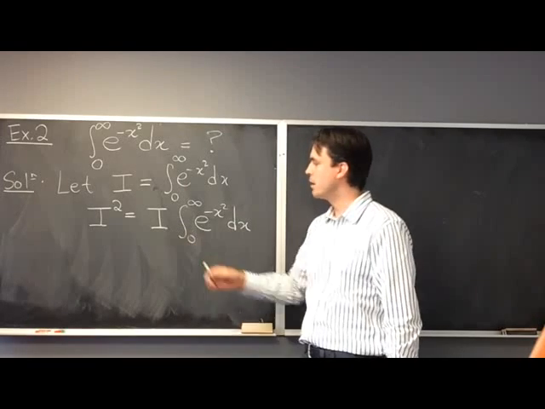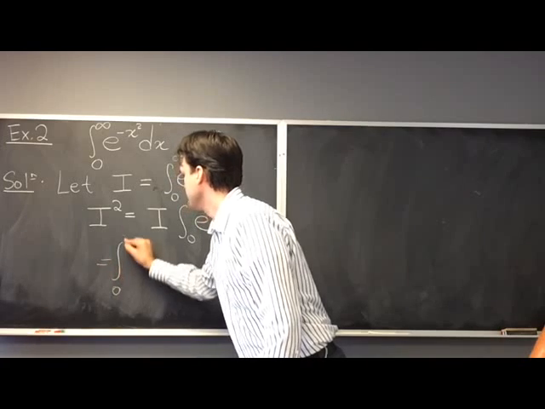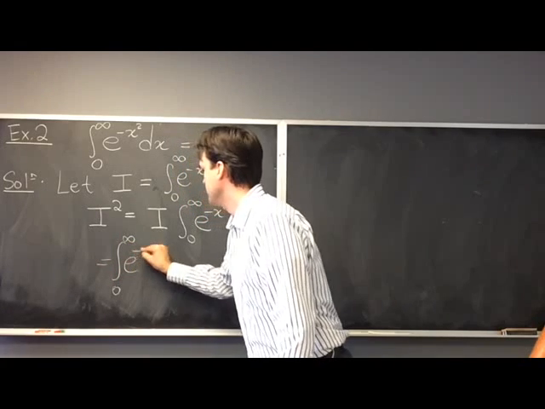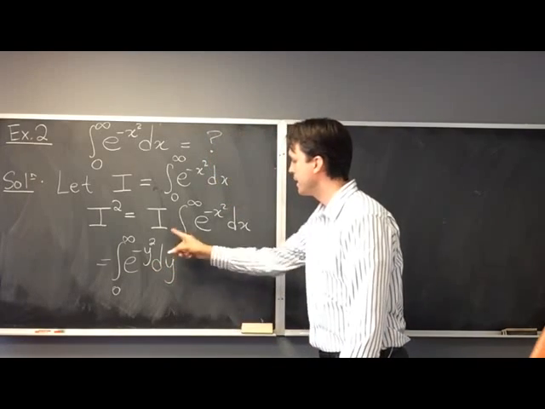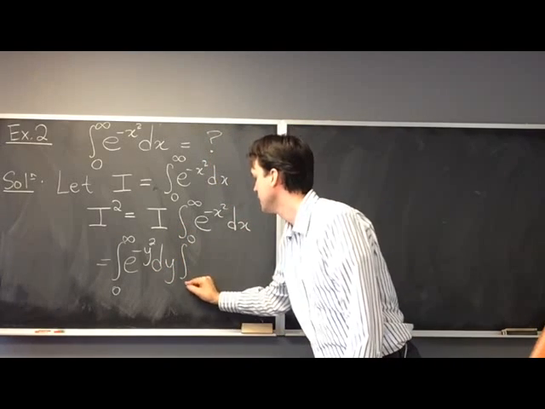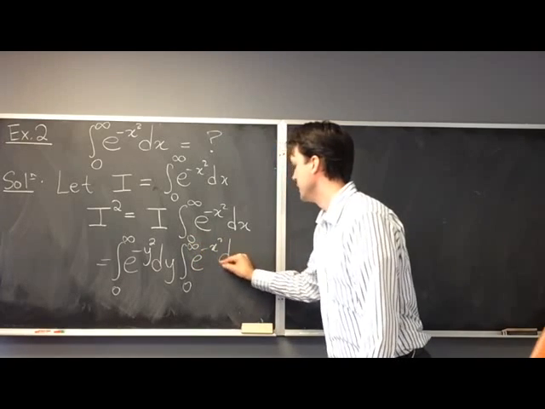Now, the I could also be written as the integral from 0 to infinity of e to the minus y squared dy. And then we're still multiplying by the integral from 0 to infinity of e to the minus x squared dx.